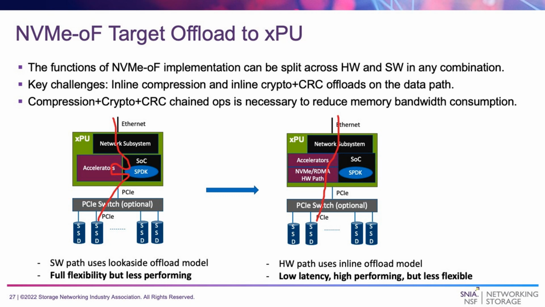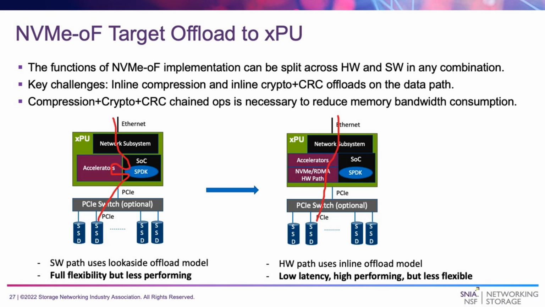So I have two pictures here trying to illustrate the two typical solutions. The first picture on the left side is to run this target software stack on the xPU SoC, but use the accelerators in the xPU to do the offload, for example, compression offload, crypto offload, CRC offloads.